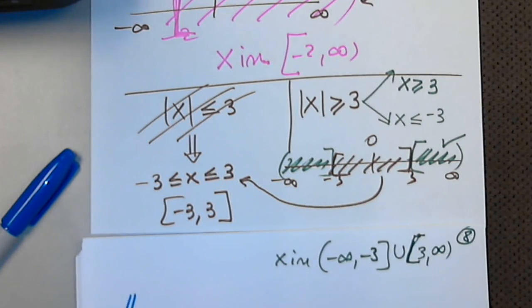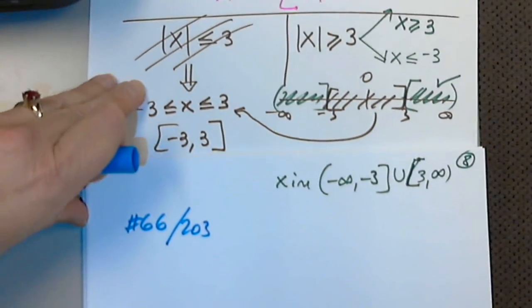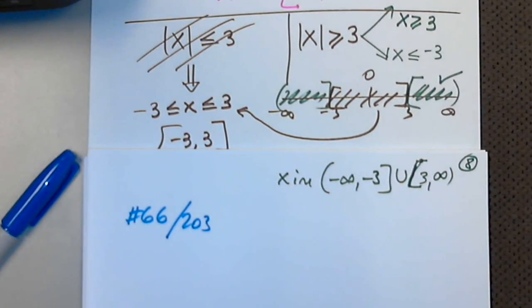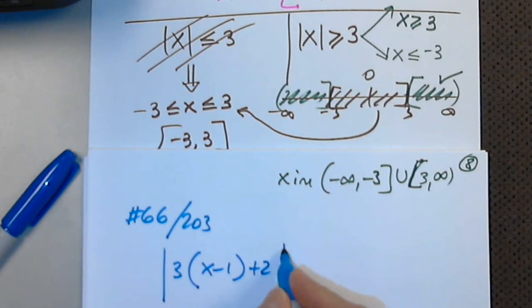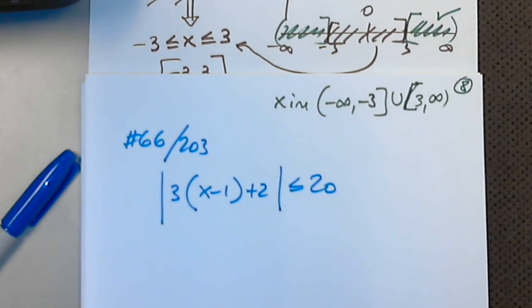Okay, let's look at 66 on page 203. 66. The absolute value of 3, quantity x minus 1, plus 2 is less than or equal to 20. Which type is it?